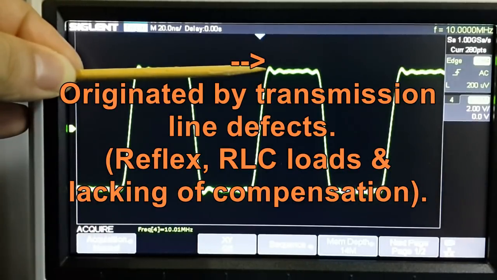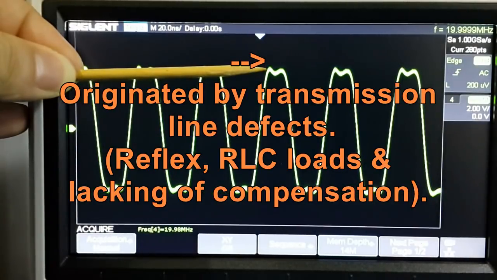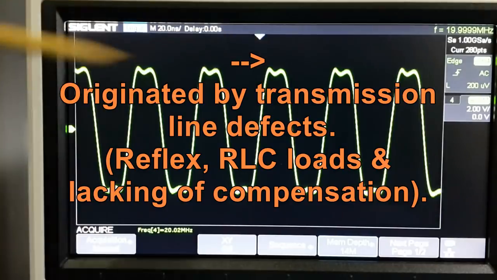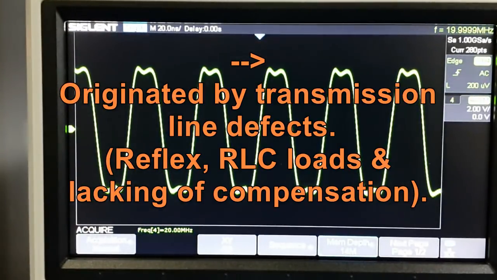Now 20 megahertz, and let's pay attention to the transition. Did you see? How to get a good measurement there? This is the trick. Let's come back to the 100 kilohertz.